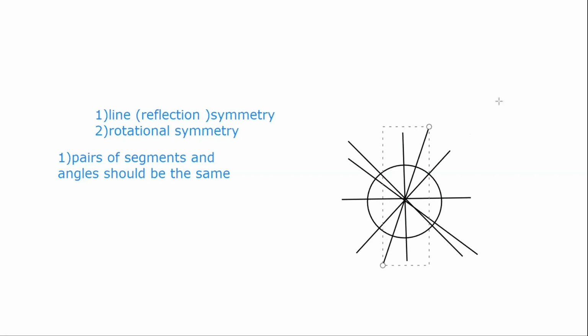So actually, we have how many lines? I don't have 1, I don't have 2, I don't have 10, I have an infinite number of lines. So a circle is a very, very special case.